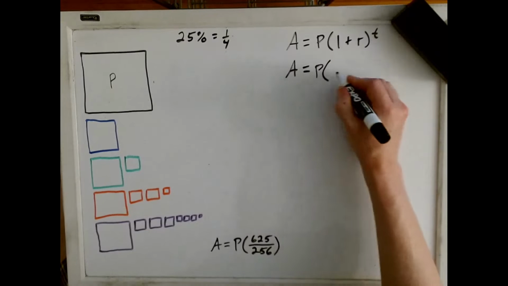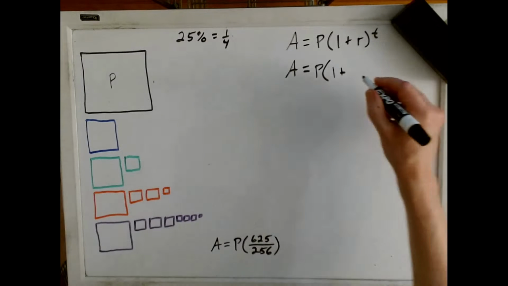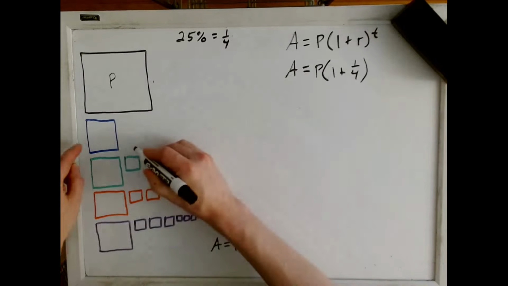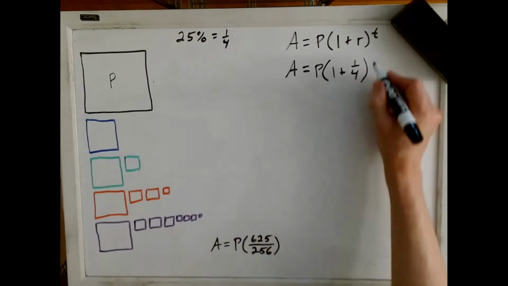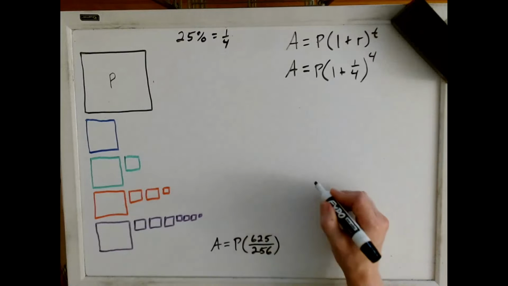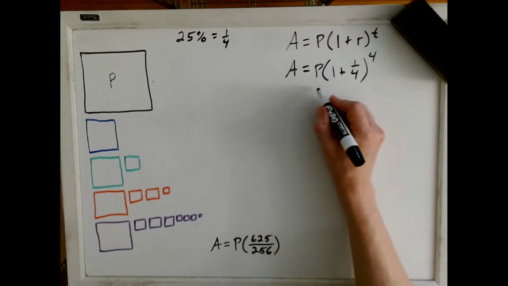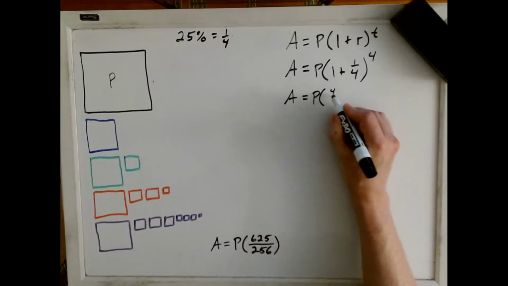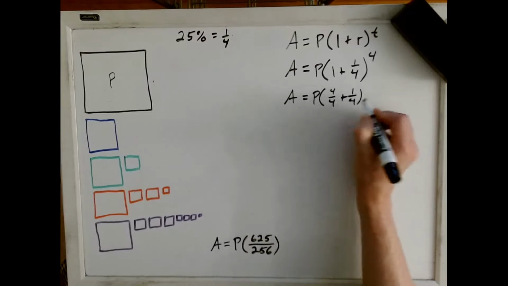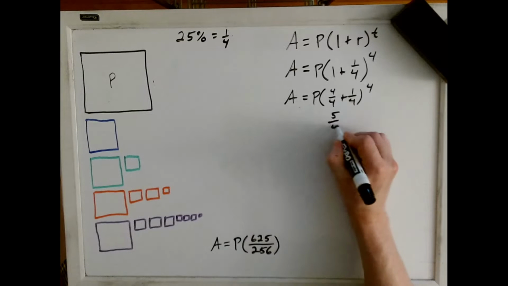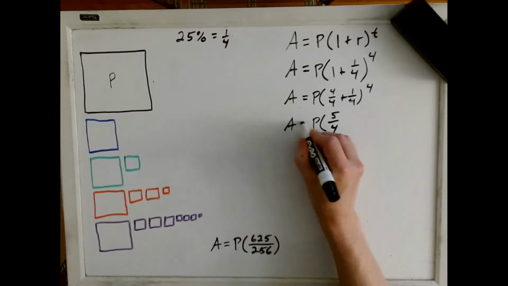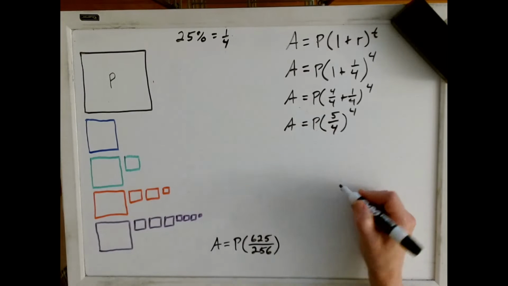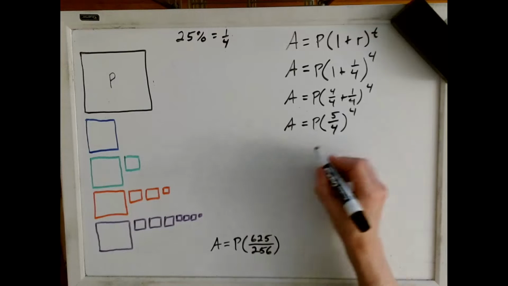Our principal times 1 plus our rate, which is 1/4, raised to the number of years, which is first, second, third, fourth, so 4 years. We can write 1 as 4/4 plus 1/4, so we get 5/4. Our amount is the principal times 5/4 to the 4th.